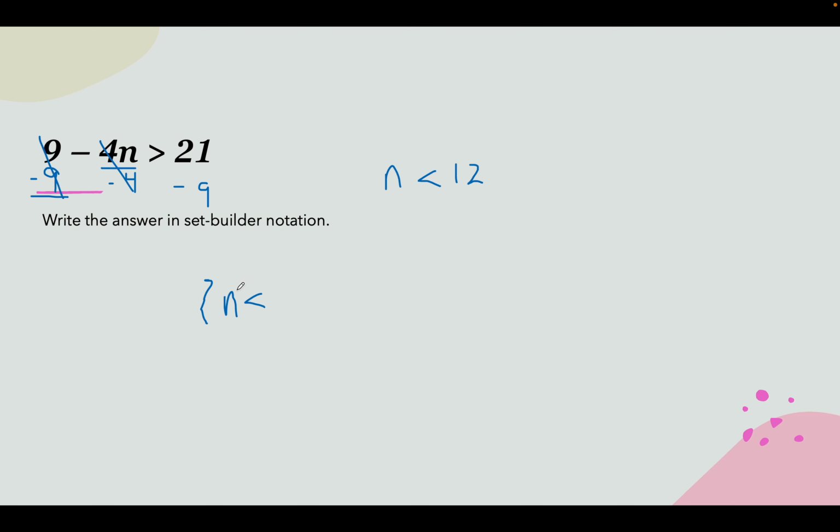N. Oh, I did. You know what? I'm going to have to just say n like this. N, whereas n is less than 12. Squiggle. All right. There it is.